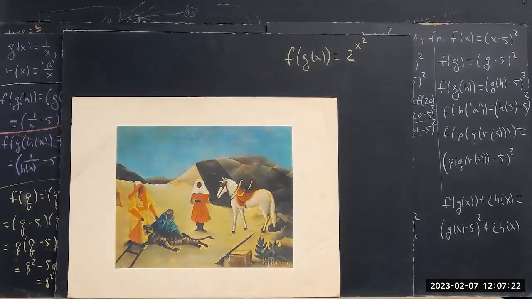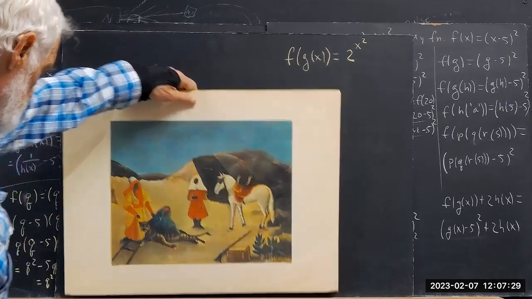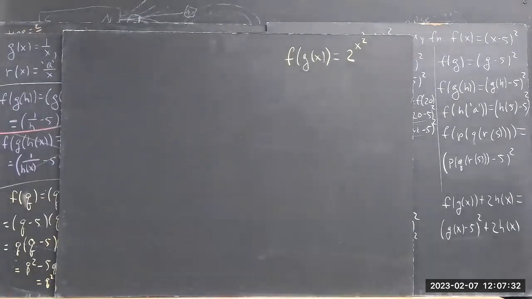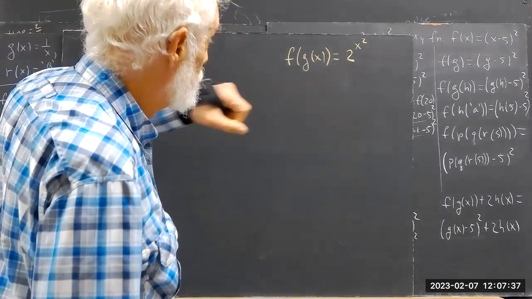F of g of x is 2 to the x squared. Boy, gee, what happened to that screen? Totally blurry. I mean, you can't read a thing. I wasn't doing that before. Still doing it. Okay, I think it's... Again.